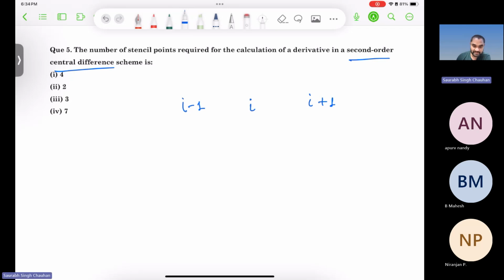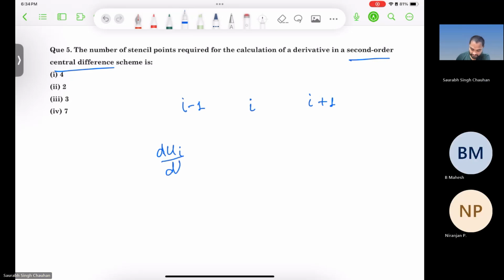And the derivative at this point is u i plus 1 minus u i minus 1 divided by 2 delta t, right? So delta t, or you can write it as h. So h is basically our delta t.